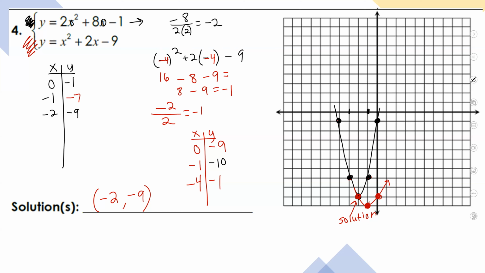So that means negative 4, negative 1 right here. That's the other part of my graph. It'll go through those points. So this is the other solution that they share. That's the other point that they share. Negative 4, negative 1. So this is one solution. This is your other solution.